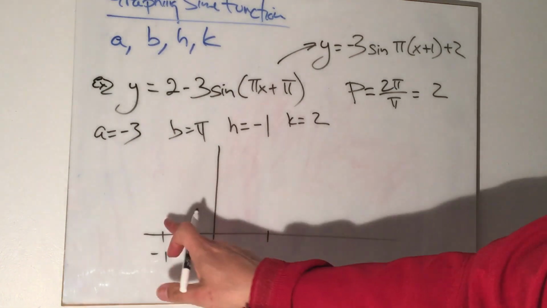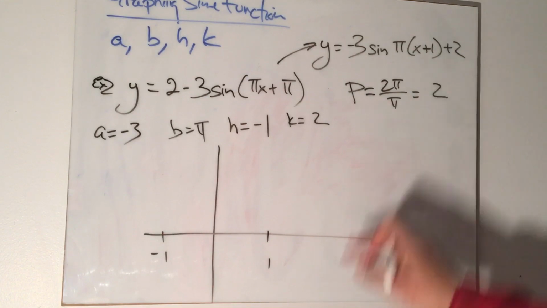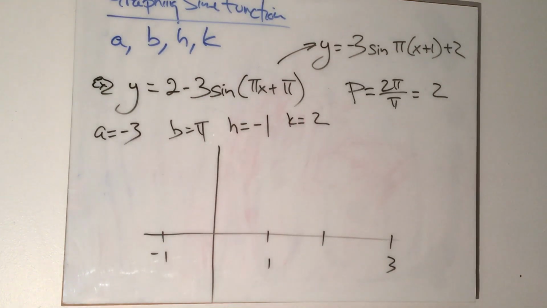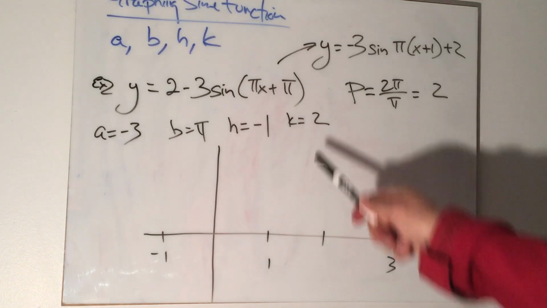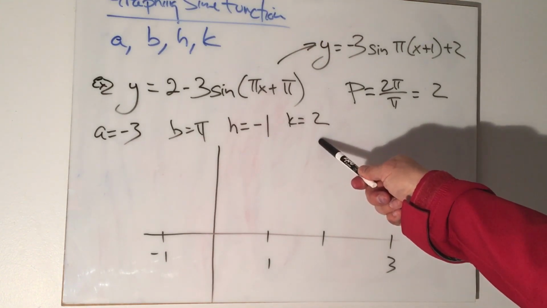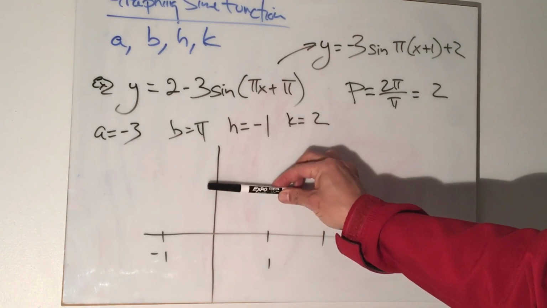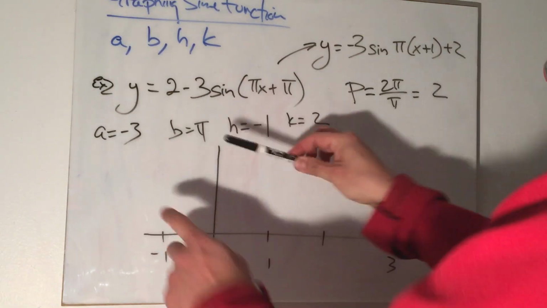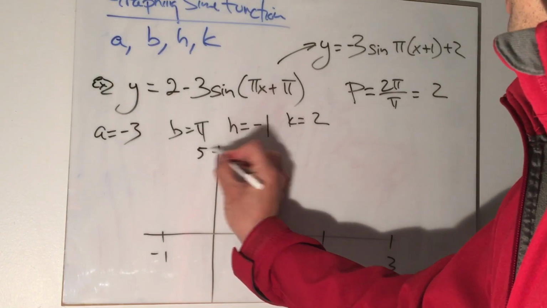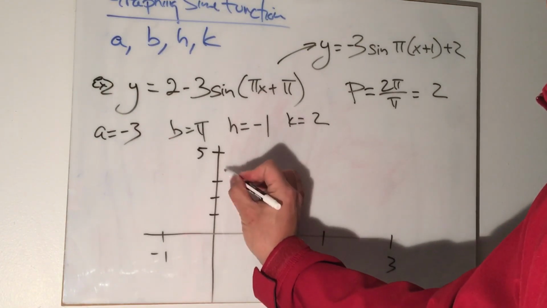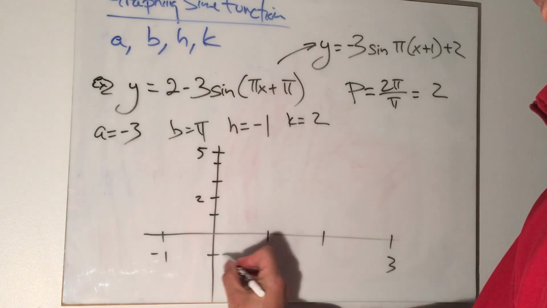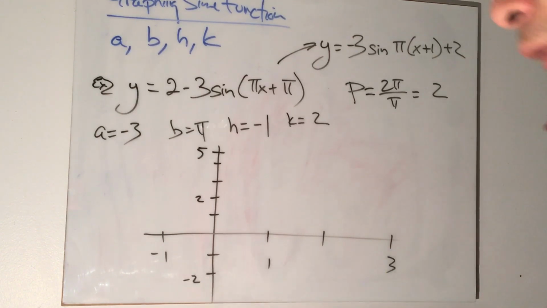So starting here, 1, 2, period of 2. For this one, let's just do 2 full periods. Now, the K tells me that I have to go to 2, but then I also need to make sure I have 3 more spaces. So I have to go all up to 5. 1, 2, 3, 4. So there's my 2. 1, 2, 3, 4. So that's my negative 2.